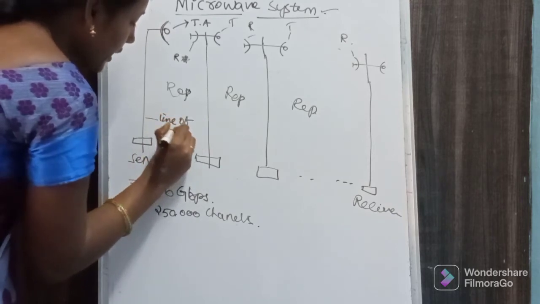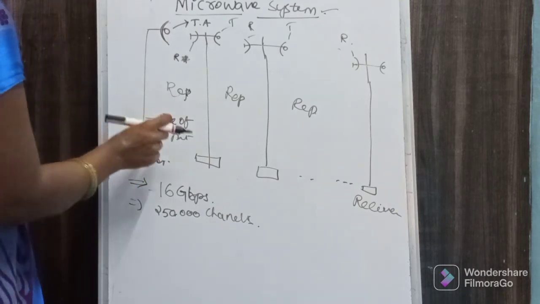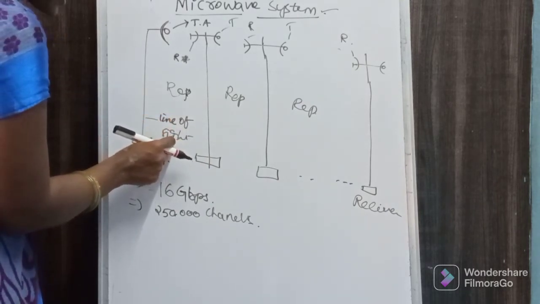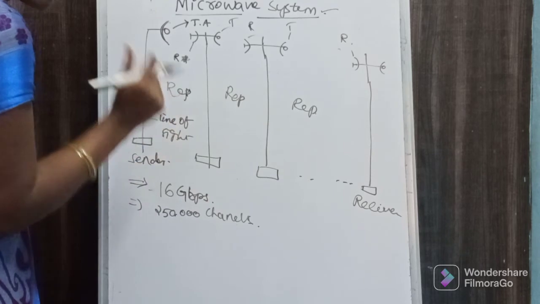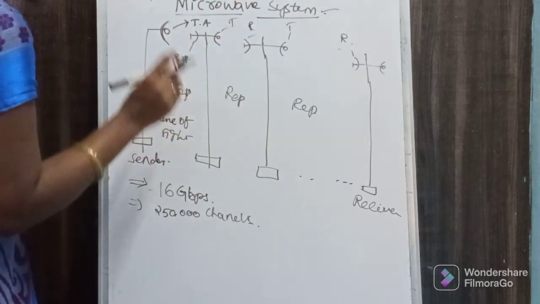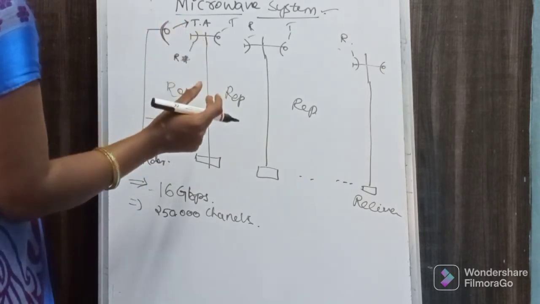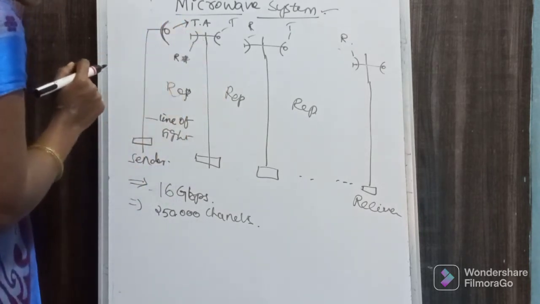Line of sight indicates what? Near to the sender, one line of sight. Line of sight means up to which you can see. That means up to which this station can transfer the data without any disturbances. There you have to place a repeater.